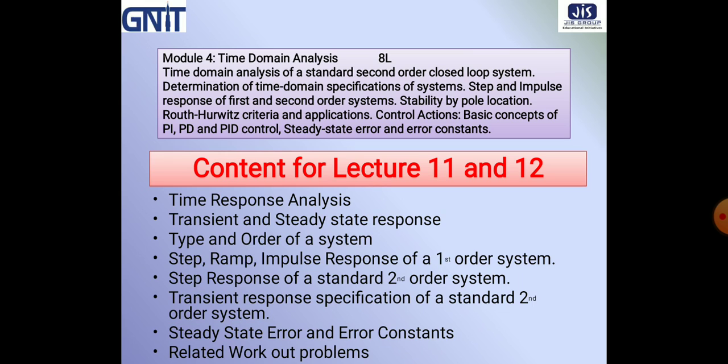And in our 12th lecture, we will discuss transient response specifications of a standard second order system, steady state error and error constant, and some more related workout examples on transient response specification of a standard second order system.